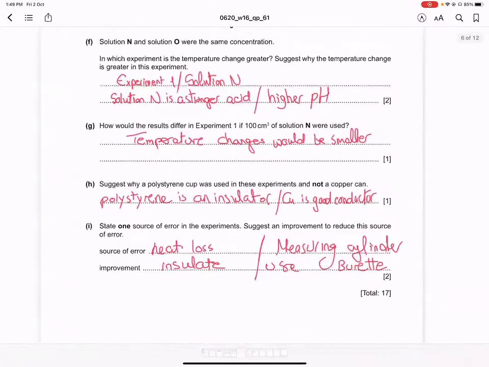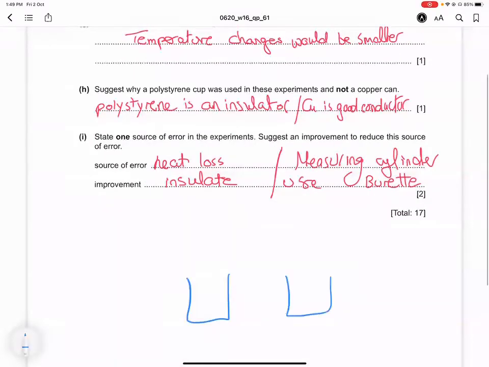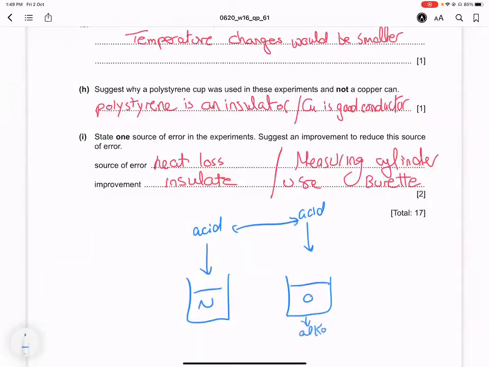What's the reason? If he's adding the same acid, nitric acid, the same concentration, the same everything, this acid is identical, and a solution called N and a solution called O are different alkalis, okay? And we know the neutralization reaction that will take place is exothermic. Why is the temperature change larger in this beaker?